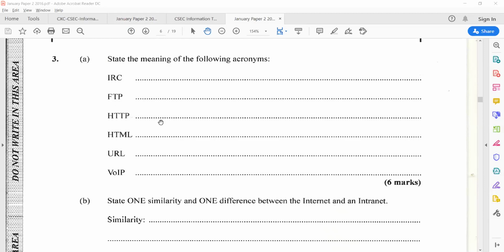Then we have URL. URL is Uniform Resource Locator, and then VoIP. Video over Internet Protocol, I think.